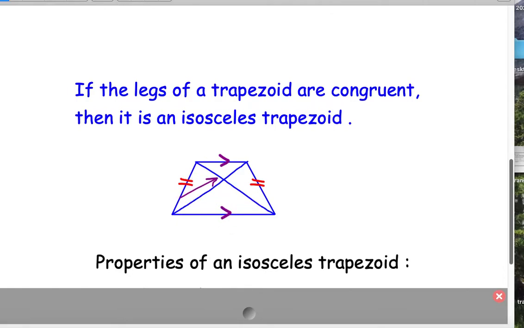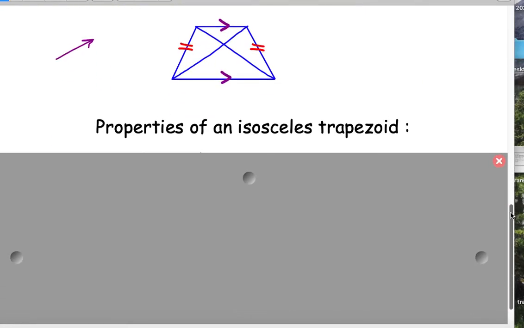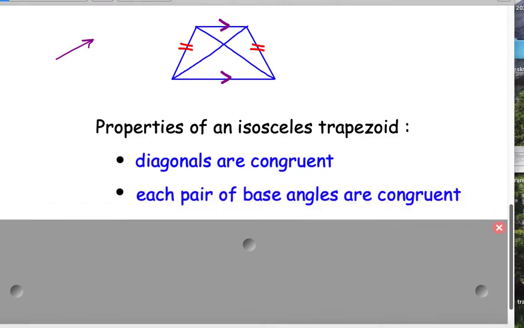They don't look like they're perpendicular to each other either, so that's not true. But what is true is the lengths of the diagonals wind up being exactly the same. So this one is equal to this one. So we have that. All right, so the diagonals are congruent, and each pair of base angles are congruent.